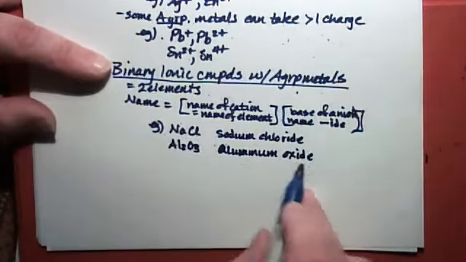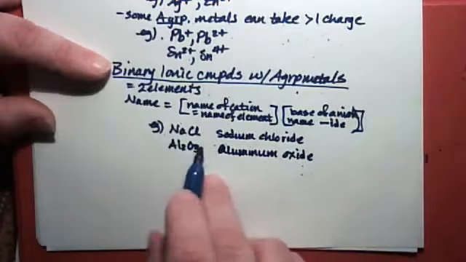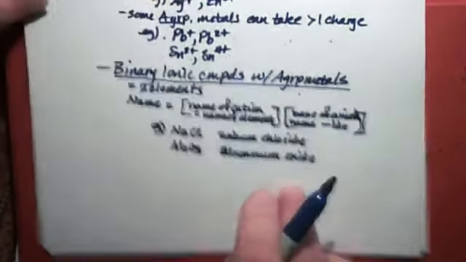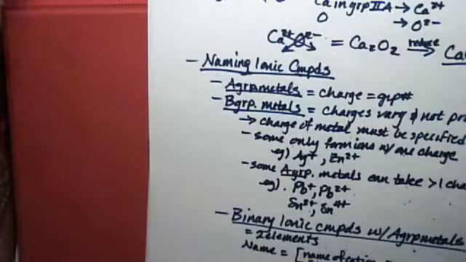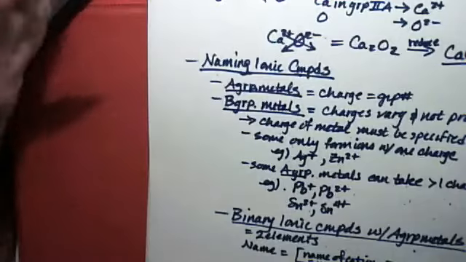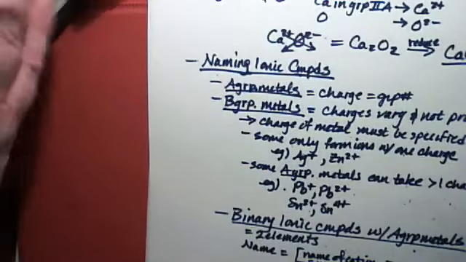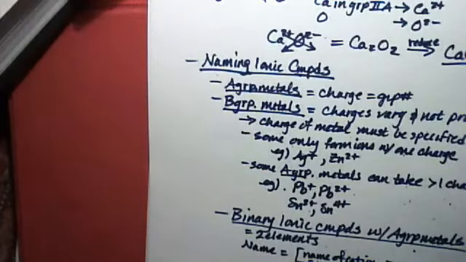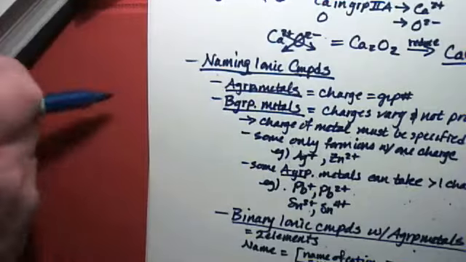So notice oxygen becomes oxide when it's in an ionic compound. Chlorine becomes chloride when it's in an ionic compound. There is a list of base names in the text on page 89, or at least the edition I'm using, down at the bottom of the page.